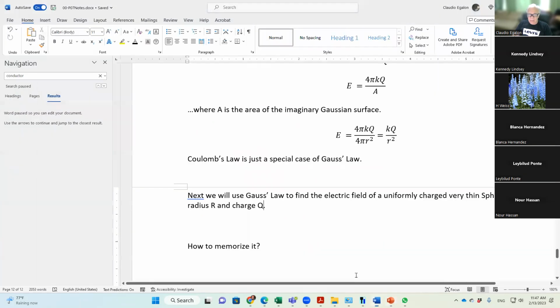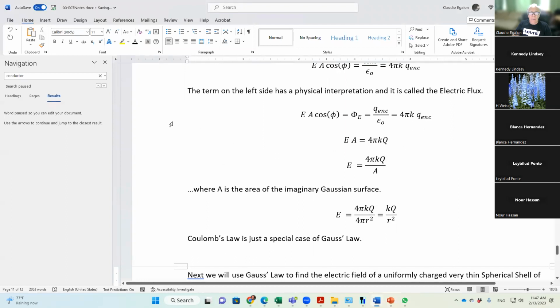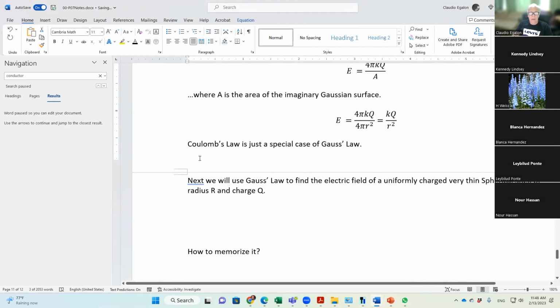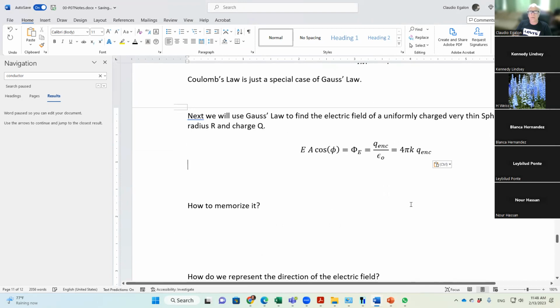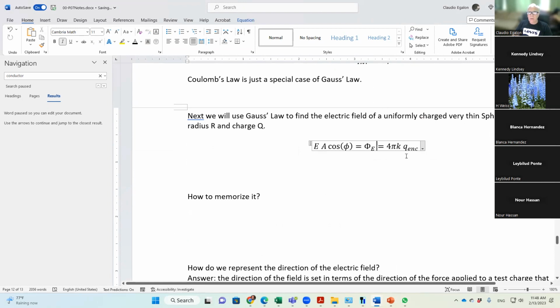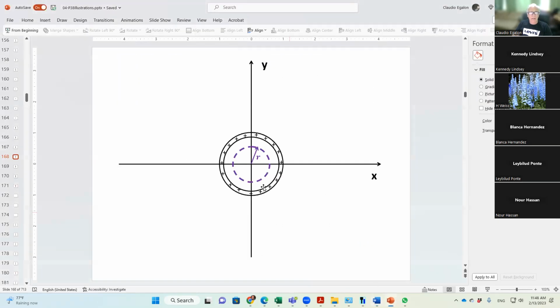Going back here, we are going to get this formula, which is the electric flux. Notice that inside this spherical surface, Q enclosed means the electric charge that's inside this Gaussian surface.